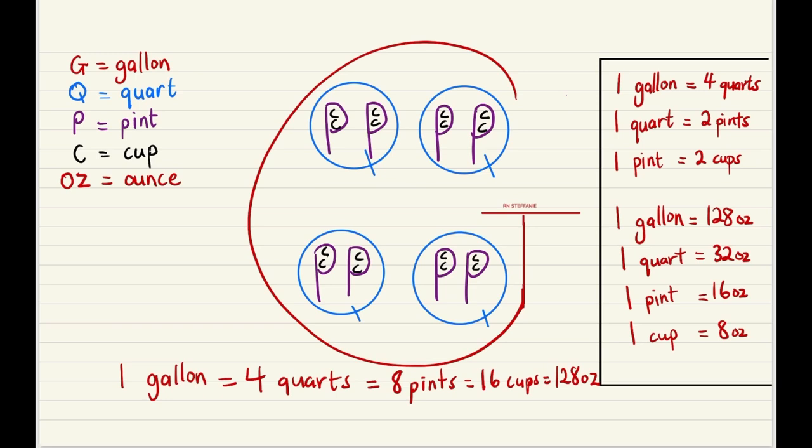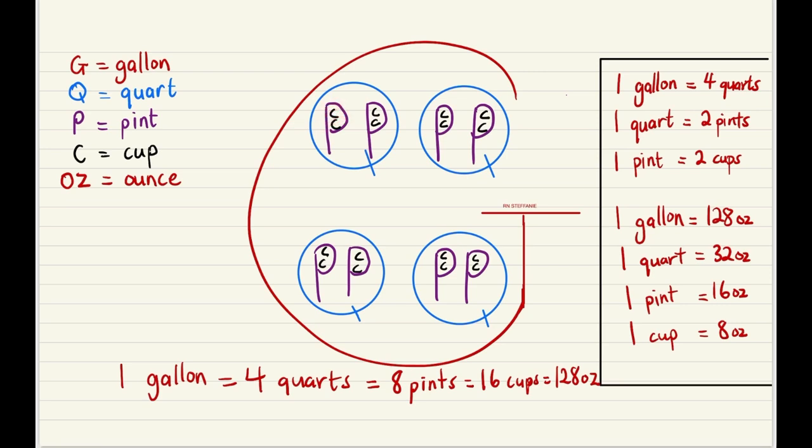Now it also says that a gallon is equal to 4 quarts, which is also equal to 8 pints, and it's also equal to 16 cups. We can see from the image that in each pint, we have 2 cups. That's 1, 2. That means 1 pint, which is 1 P, is equal to 2 cups.